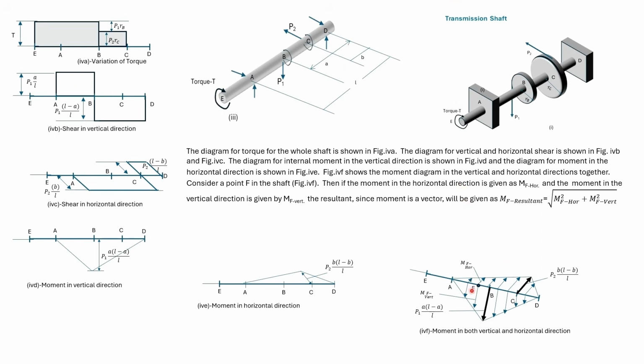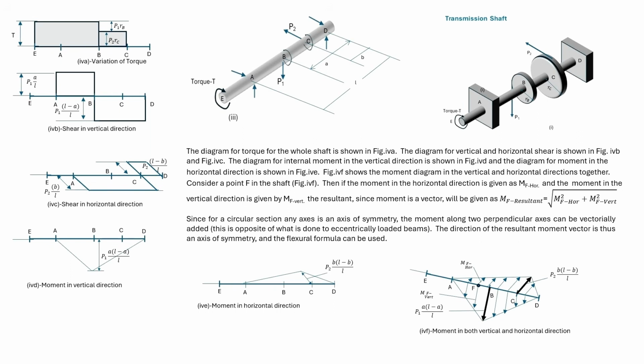So consider point F. Then the resultant moment at F is square root of MF horizontal squared plus MF vertical squared, where MF horizontal is this value and MF vertical is this value.